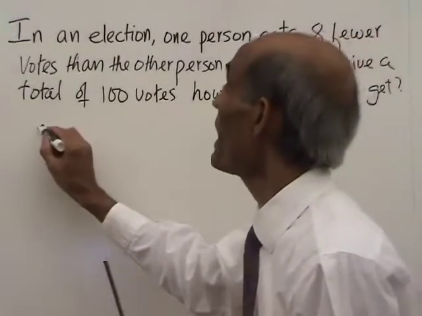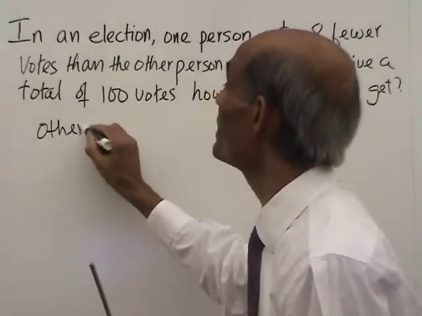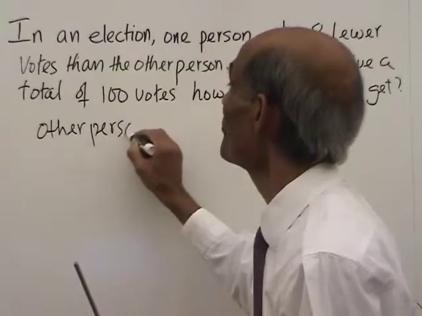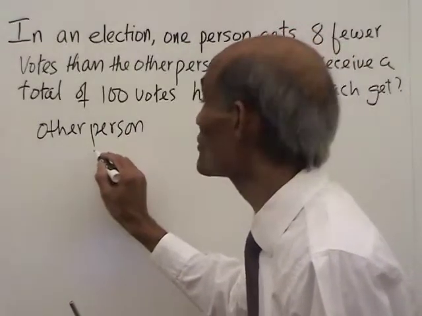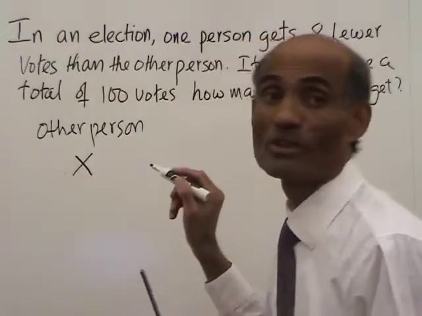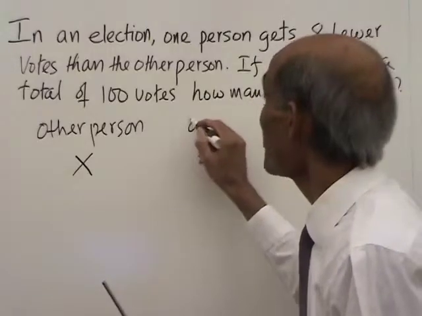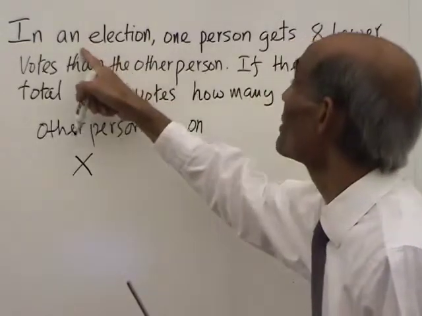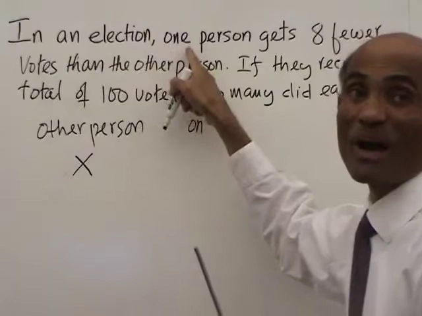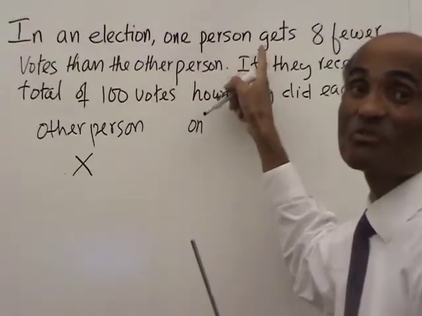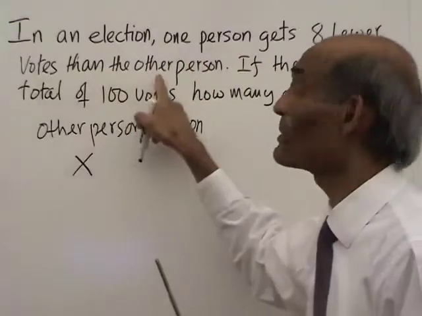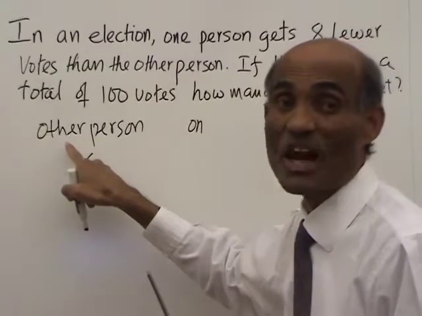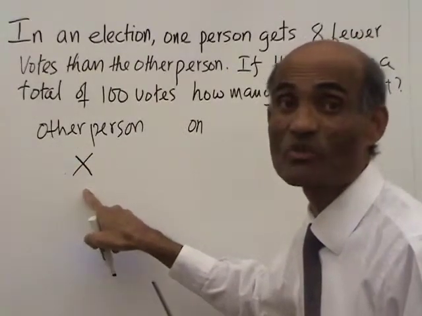You see, the other person received how many votes? The other person received x votes. And therefore, how many did the one person get? In an election, one person gets 8 fewer than the other person. We said the other person received x votes.